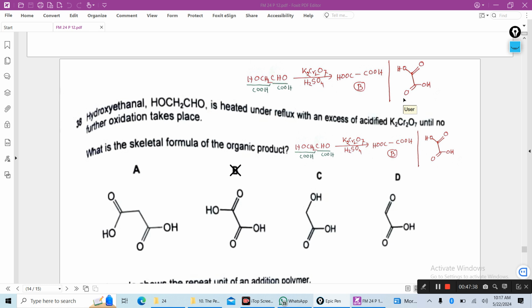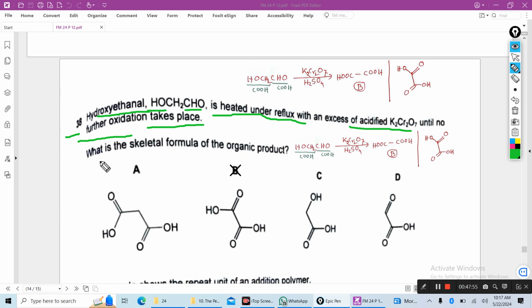Number 38. Hydroxyethanal, an alcohol and aldehyde, is heated under reflux with excess potassium dichromate until no further oxidation takes place. What is the skeletal formula of the organic product?